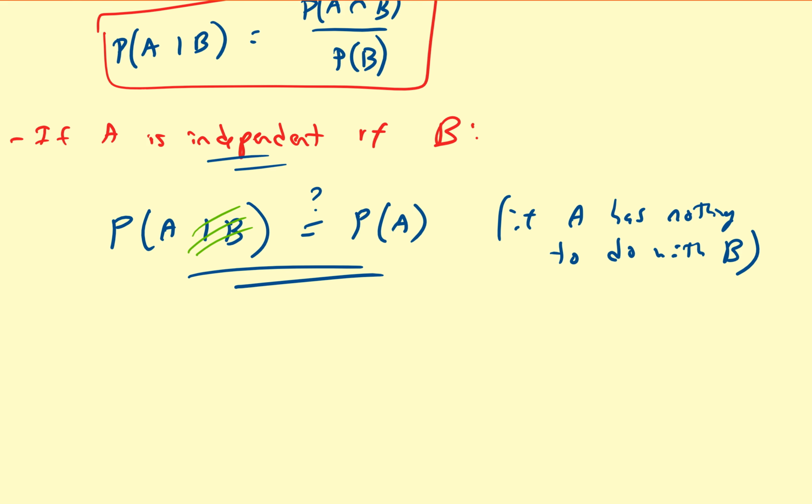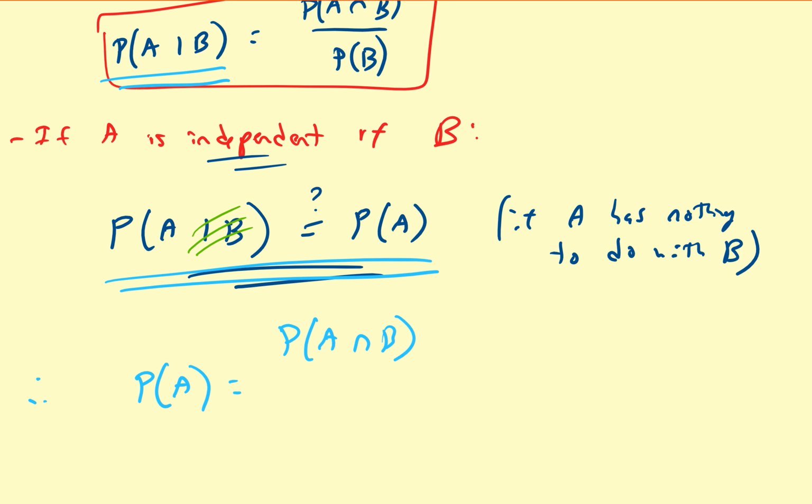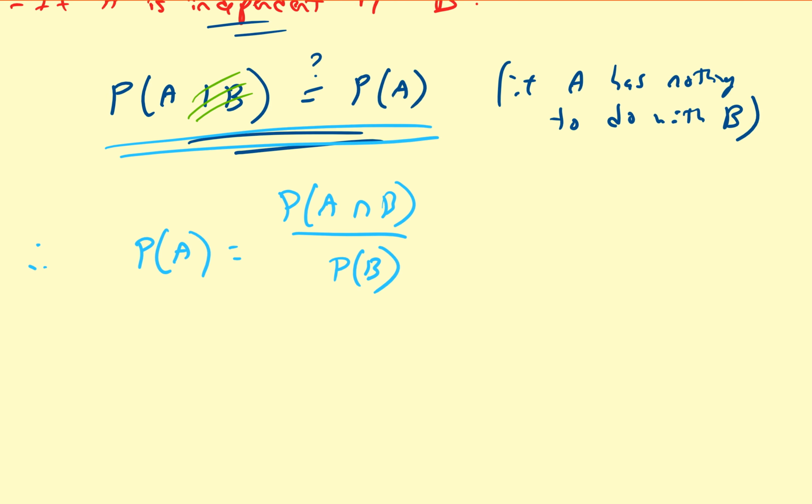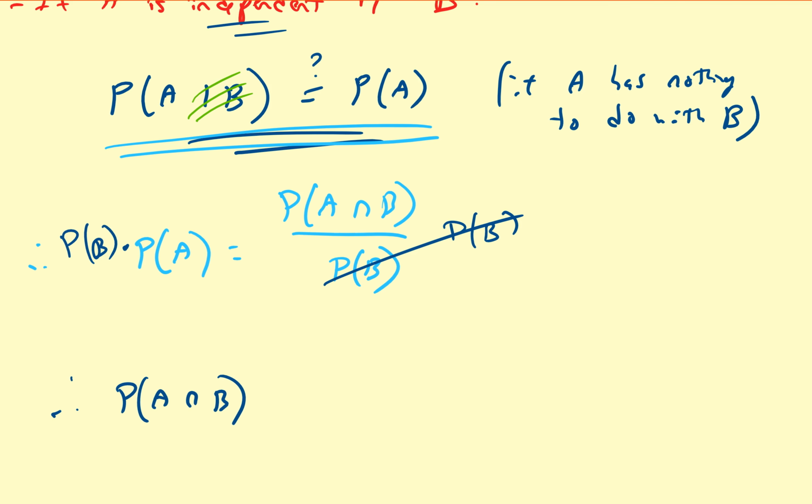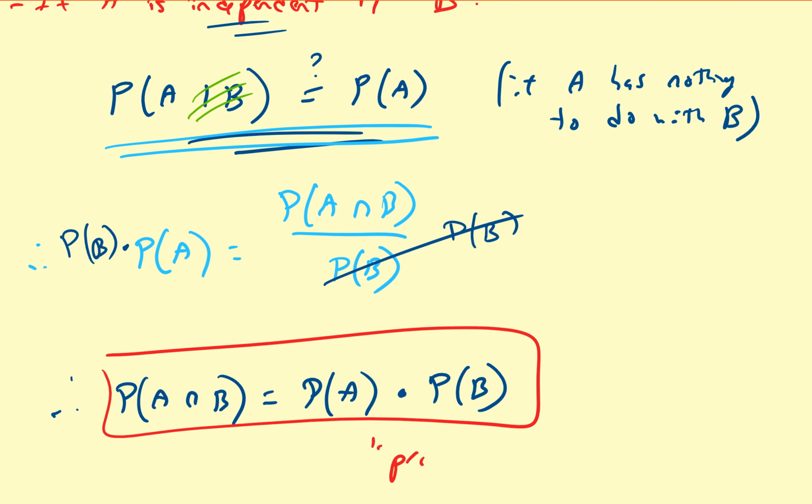If that is true, then we have the identity: the probability of A given B is simply the probability of A, which is equal to the probability of A and B occurring divided by the probability of B. So we get this identity by multiplying both sides by the probability of B. We get that the probability of A intersection B is equal to the probability of A times the probability of B. Some people call this the product rule for probabilities.